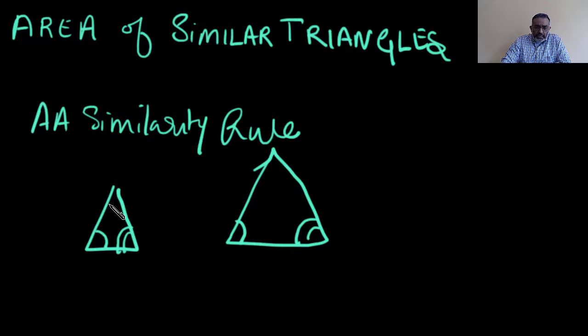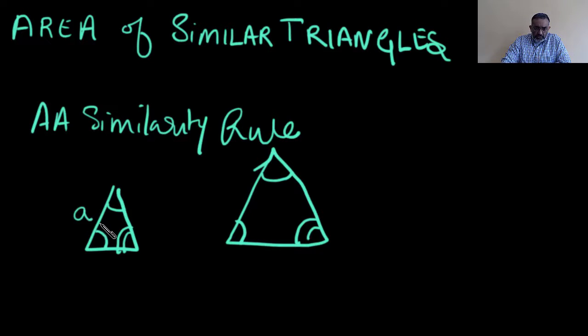Then naturally this angle and this angle would also be the same, because all of these angles have to sum up to 180 degrees. Now if all the angles are equal, then these two triangles are similar.